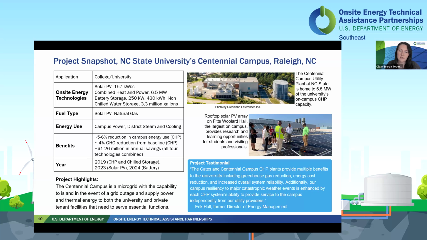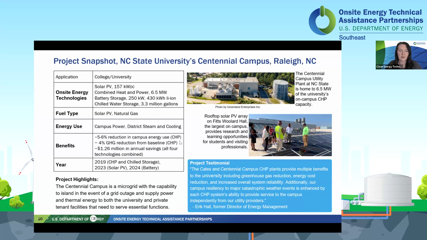So the benefits that have come from these systems on this part of the campus: the CHP system has reduced the campus energy by about 5 to 6%, and the greenhouse gas emissions have been reduced from the baseline by about 4%. There is a CHP system also on the main campus. It's called the Cates facility, which you can see referenced in this quote at the bottom.